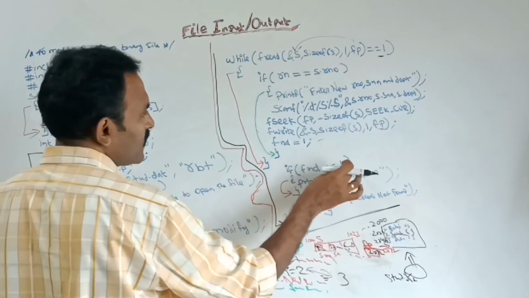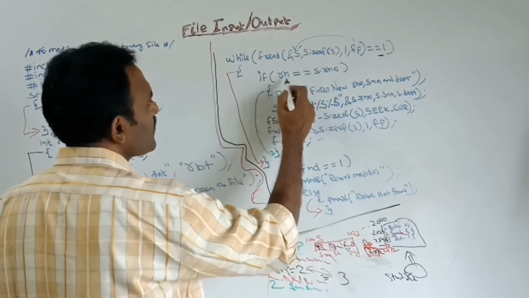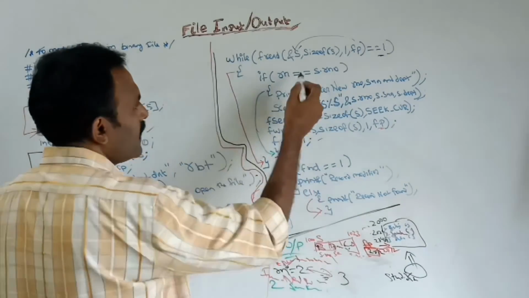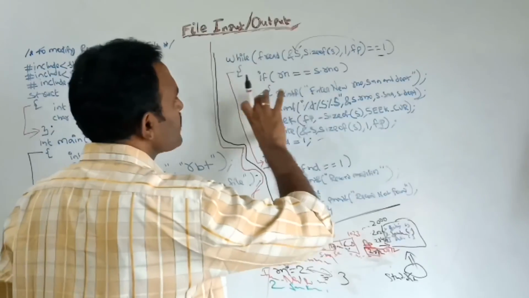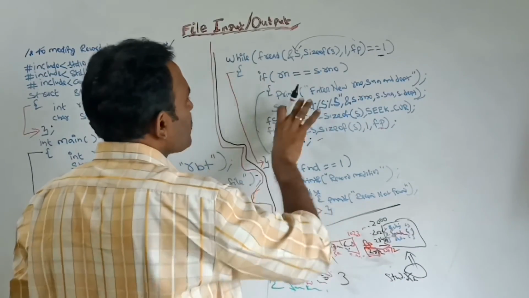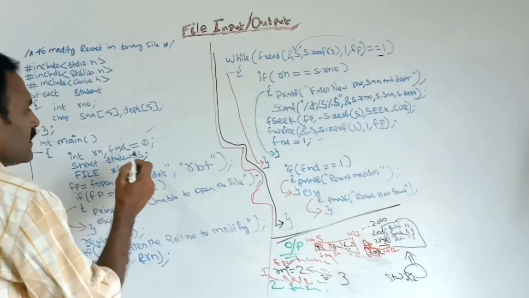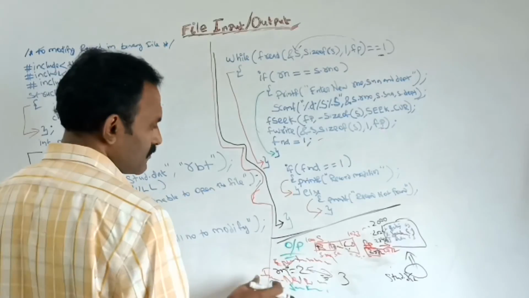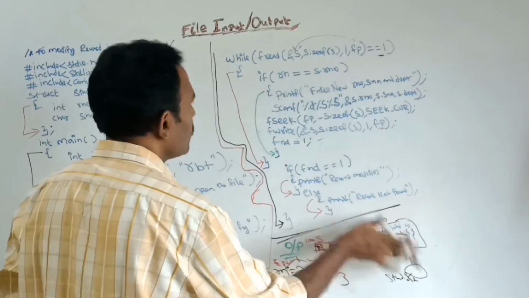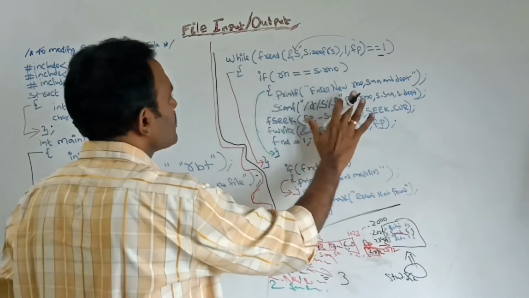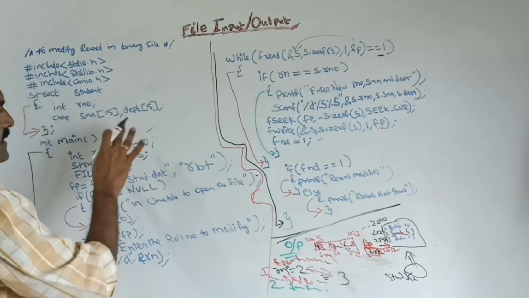Suppose if it is 1, when will it be 1? If it comes inside this if condition, that is, if the given value Rn is matched with the record s.Rno, then inside this if condition I am giving the value 1 to fnd. Suppose the given value Rn does not match s.Rno, then it will not go inside this if condition, so the fnd value will be the initial value only.